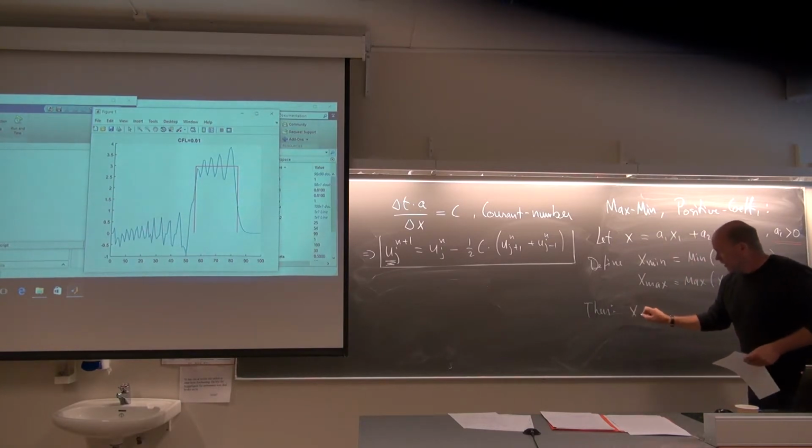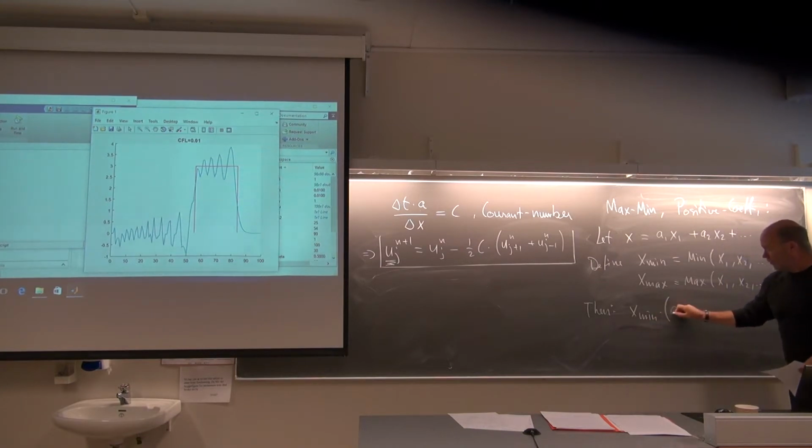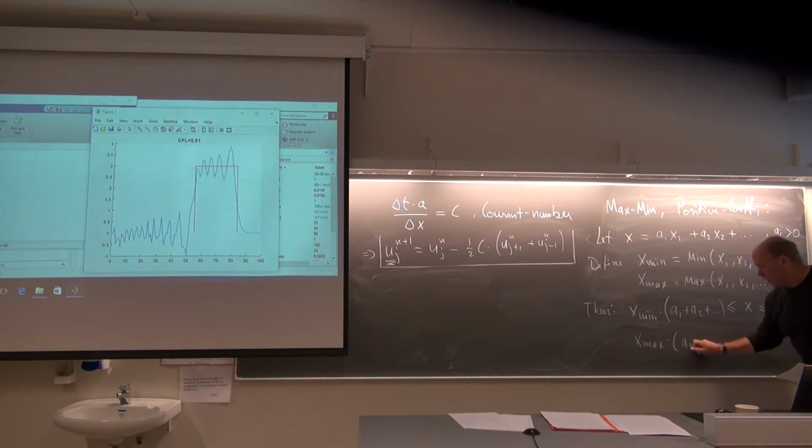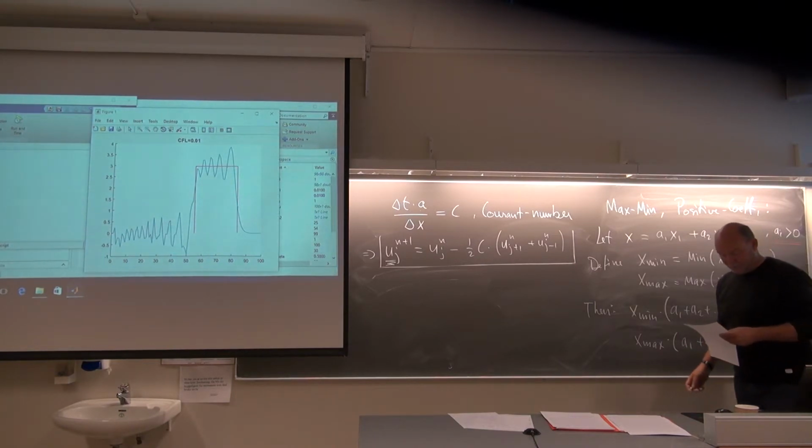The x mean multiplied with the sum of all these coefficients must be smaller or equal to this new x, which again must be smaller or equal to x max, multiplied with the same sum. Like that.